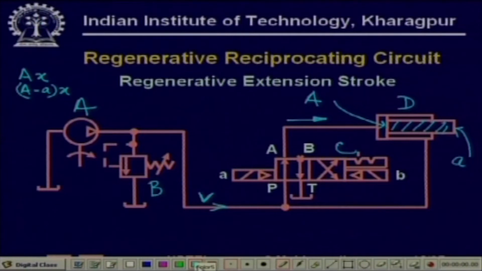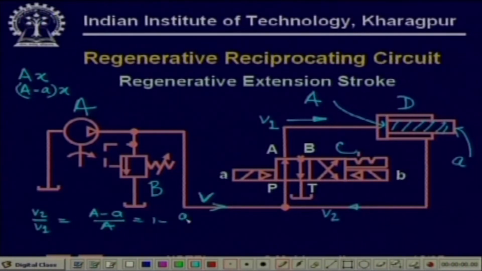So, if this is V1 and this coming out is V2, then V2 by V1 is equal to (A minus a) by A is equal to 1 minus a by A is equal to 1 minus 1 by K is equal to (K minus 1) by K. So, this is V2 by V1.